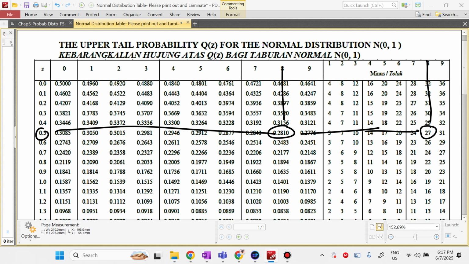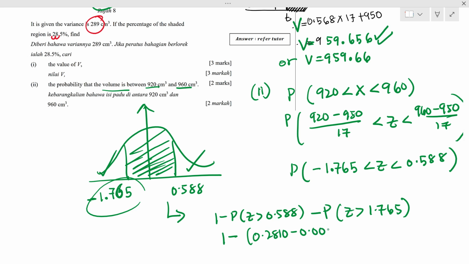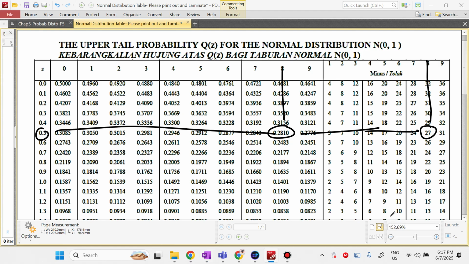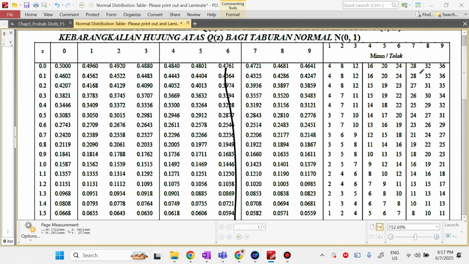So take your calculator. 0.2810 minus 0.027 minus probability 1.765. So 1.7 is here. 1.76 is here. 1.76 and 5 is where? 5 is in between.